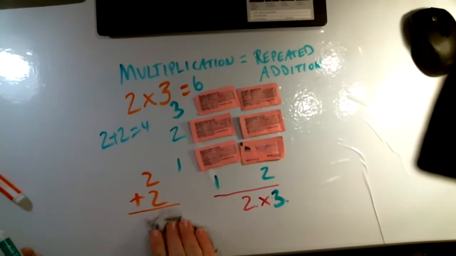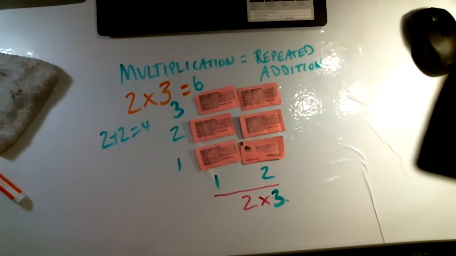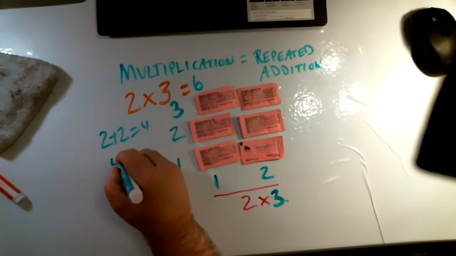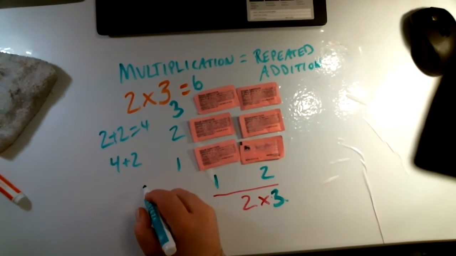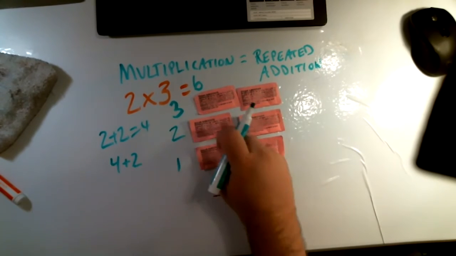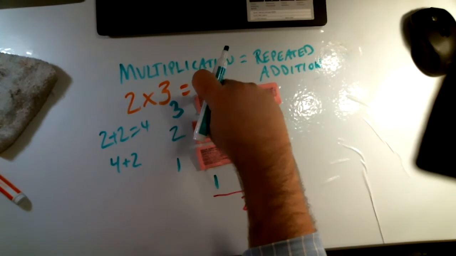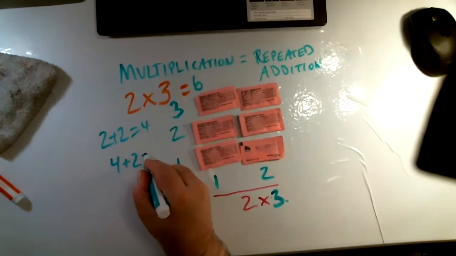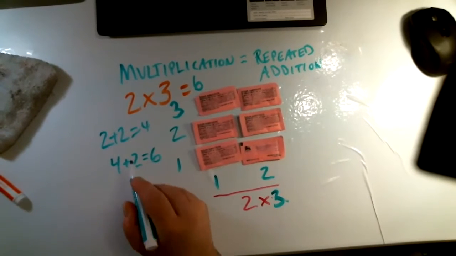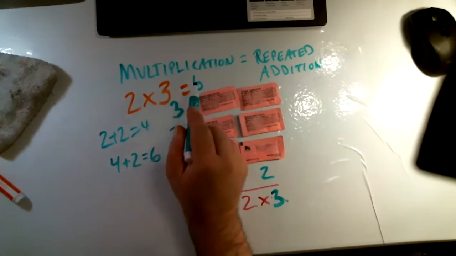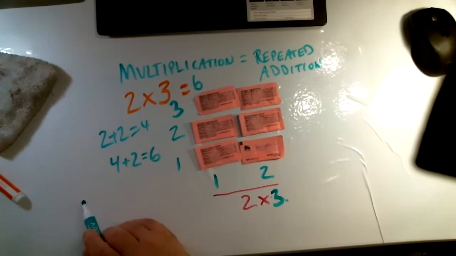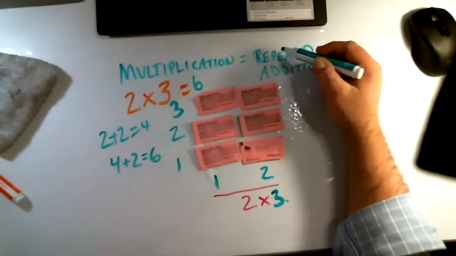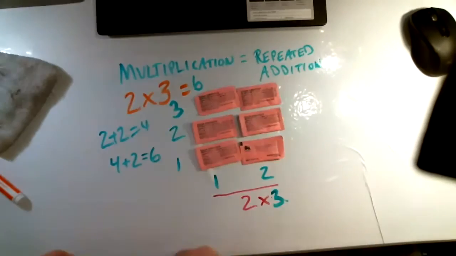And that's what we said down here. 2 plus 2 equals 4. And if I want to add 4 plus another 2, well, 4 plus 2, 1, 2, 3, 4, plus another 2, 5 and 6, and that equals 6. So now I have 2 times 3, and that equals 6. So this is multiplication, which is really repeated addition.